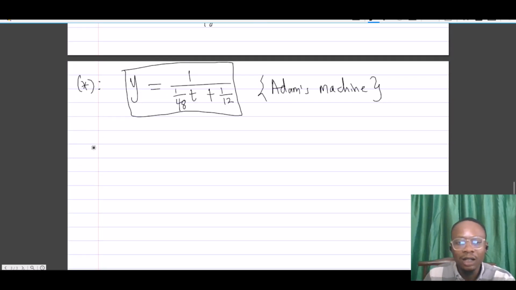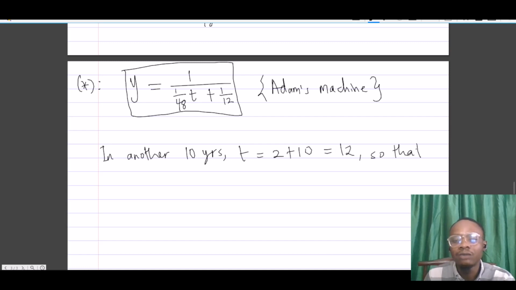So in another 10 years, our time t will be equal to 2 plus 10, which is equal to 12. And so the value of the machine y will be equal to 1 over 48 multiplied by the time, which is 12, plus 1 over 12.